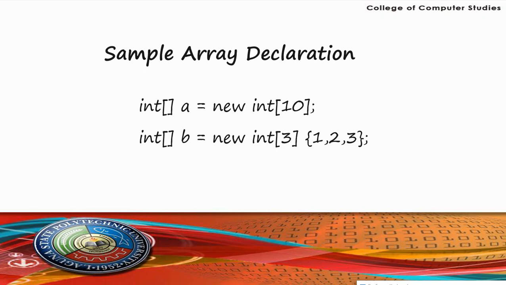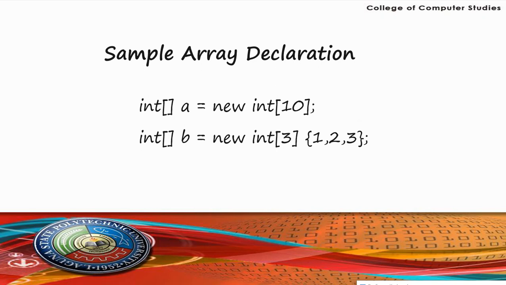Here's a sample array declaration. So first, specify the data type, followed by the square bracket, and then the name of your variable equals new data type again, and then the square bracket, and then the size inside it. So we have here int[] a = new int[10].